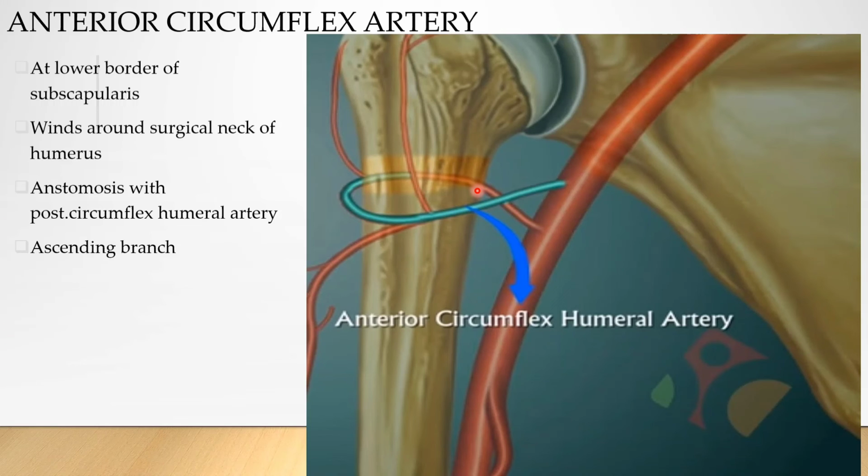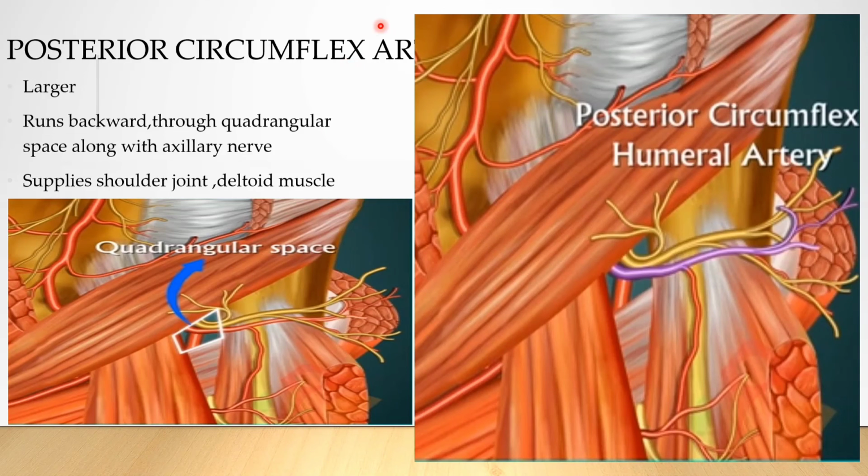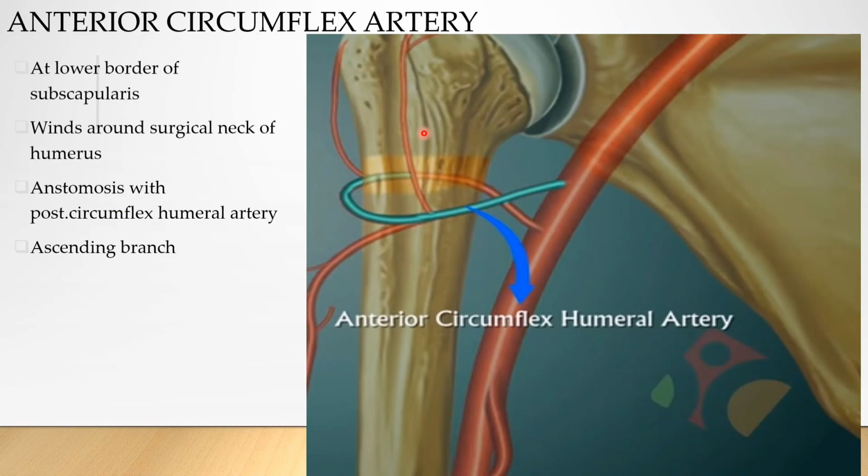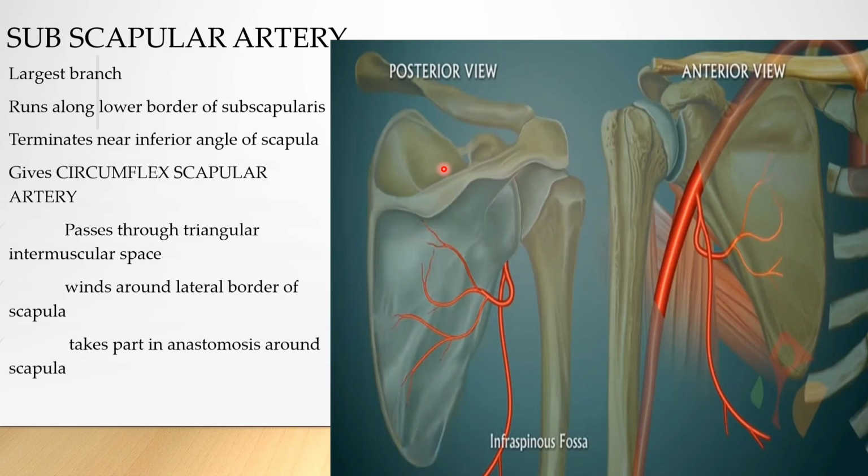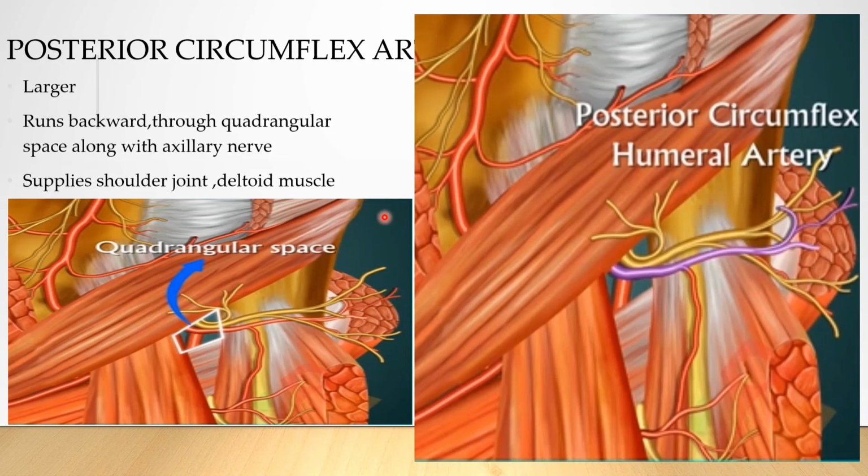And next, coming to the posterior circumflex artery. This is the posterior circumflex artery. This is also large. It runs backwards through the quadrangular space. So remember, the anterior circumflex artery and the subscapular artery pass through the triangular space, whereas the posterior circumflex artery passes through the quadrangular space.